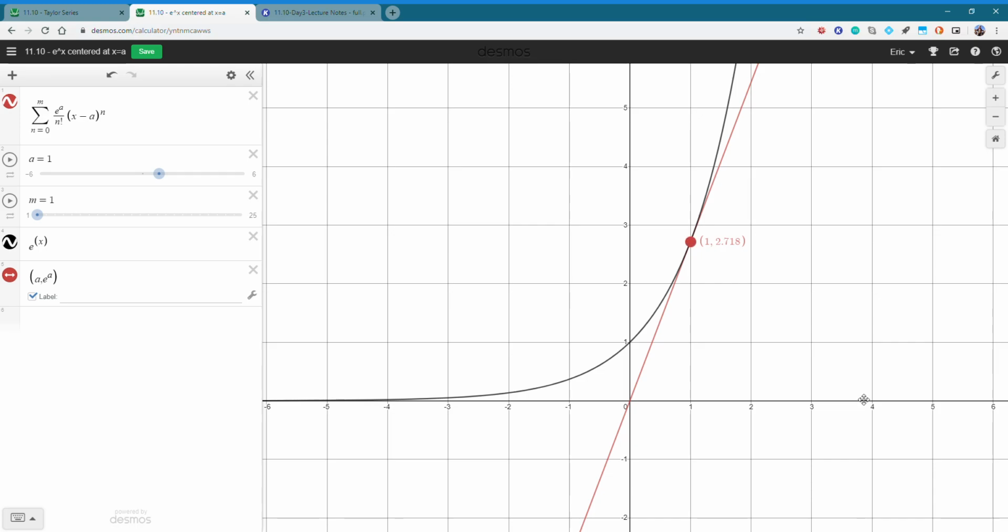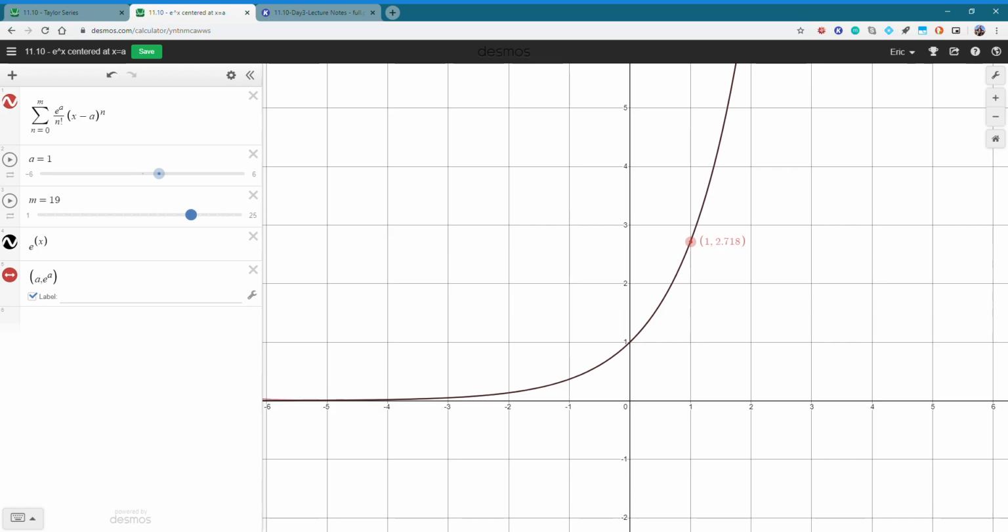So we got this new point that anchors us onto our original function's graph. As we drag the slider over and get more and more terms, you can see that from there our polynomials are going to be spreading out and doing a better and better job of approximating our function.